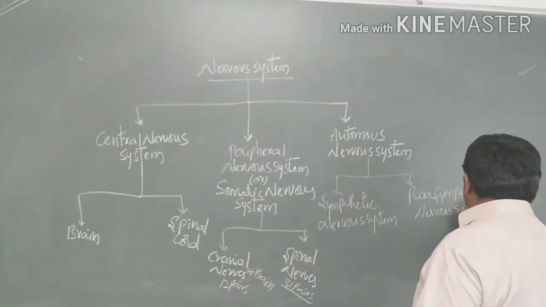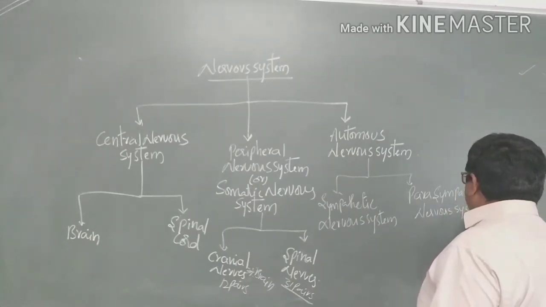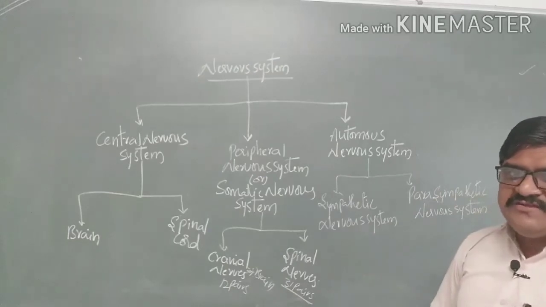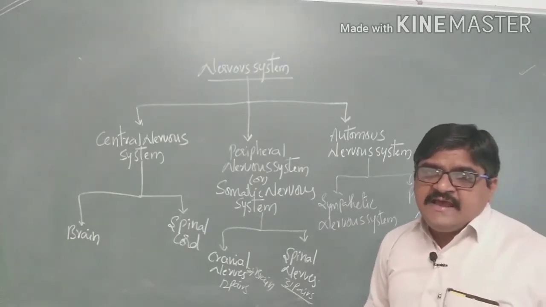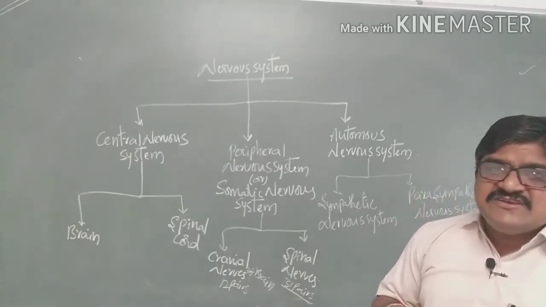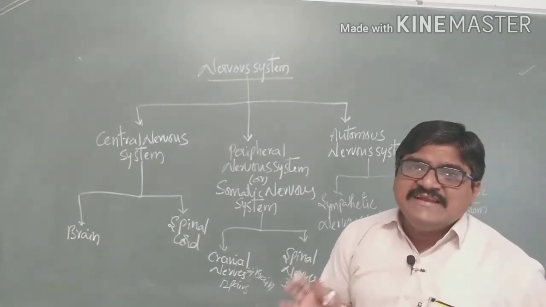These two, the sympathetic and parasympathetic nervous systems, are opposite in direction. One helps to accelerate the organs, and the other decelerates them.